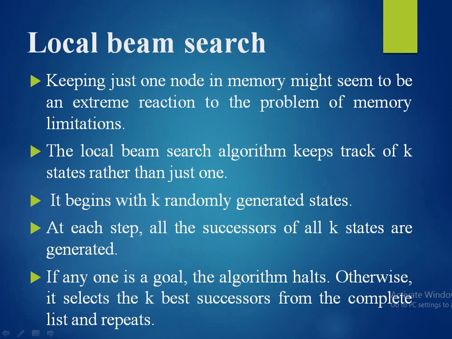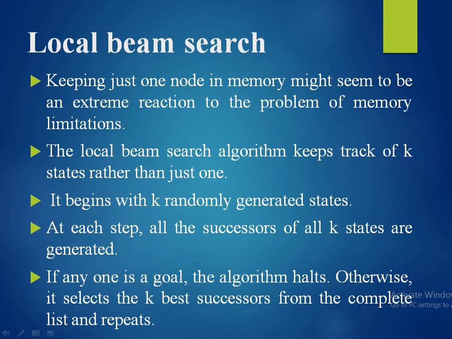Now we will discuss the local beam search algorithm. Keeping just one node in memory might seem to be an extreme reaction to the problem of memory limitations. The local beam search algorithm keeps track of k states rather than just one.